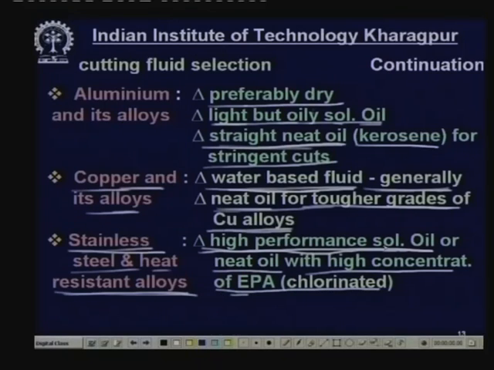High performance soluble oil is a good amount of oil in water, maybe 1:10 in that ratio, or neat oil with high concentration of extreme pressure additive. Now, this can be mixed with soluble oil also. This is necessary to enhance lubricity and prevent friction between the work material and the tool.